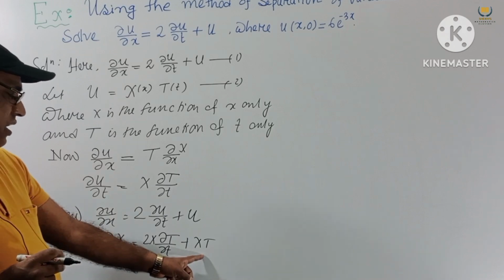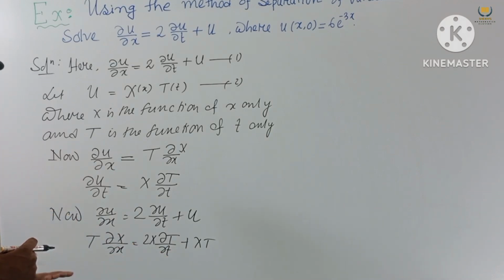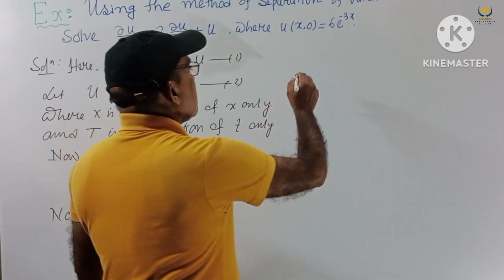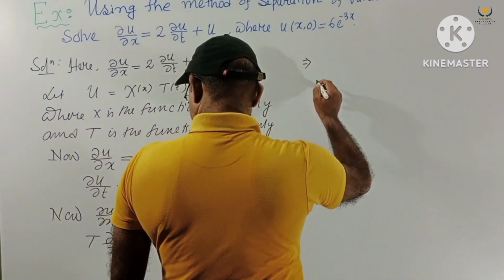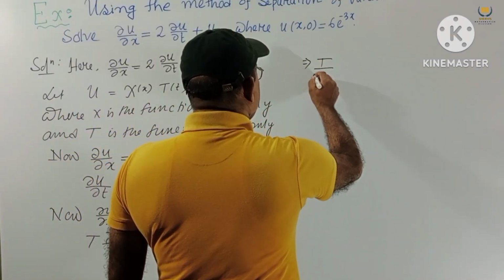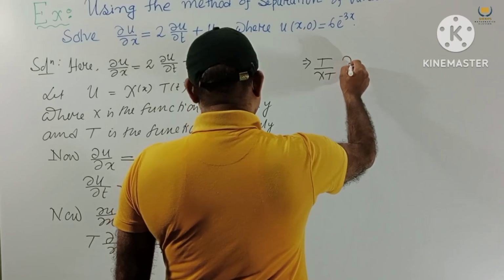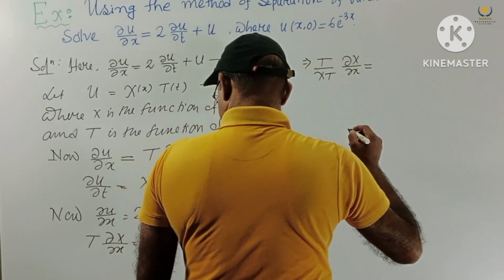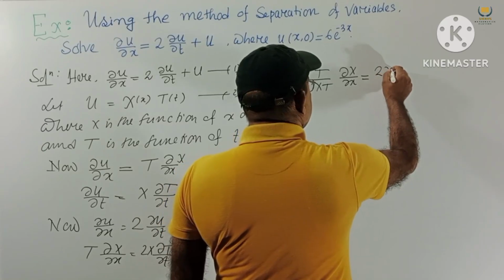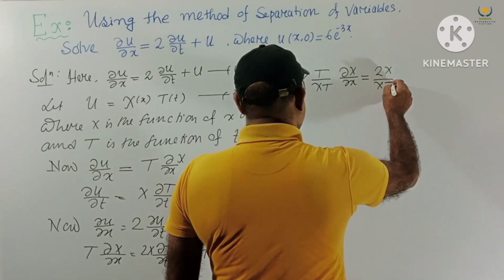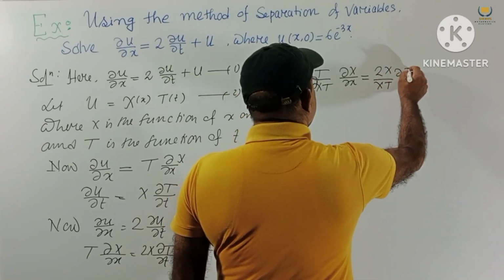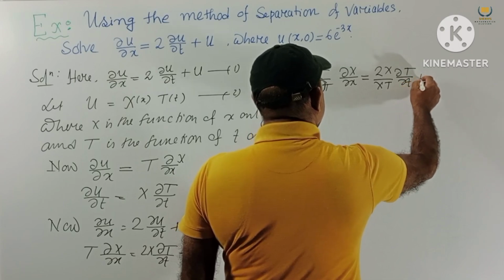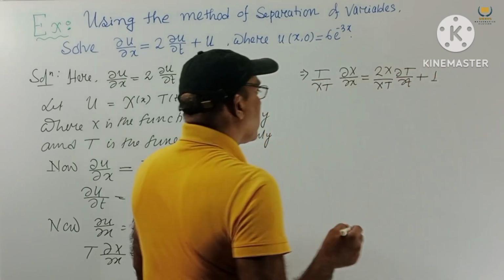We divide both sides by XT. So if we divide both sides by XT, then we get T by XT ∂X/∂x equals twice X by XT ∂T/∂t plus 1.